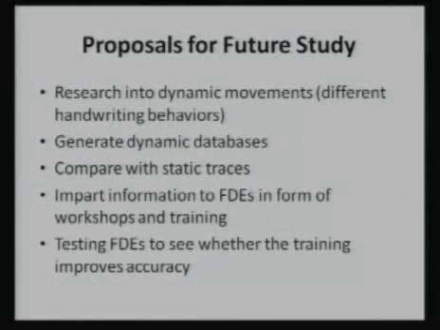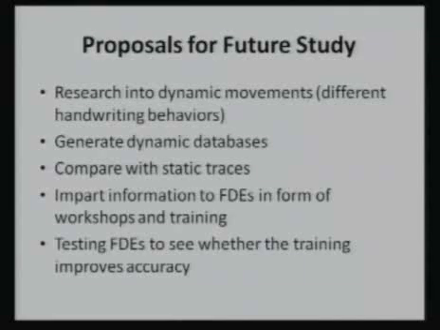Okay, so proposals for future study. Research into dynamic movements, different handwriting behaviors: genuine, forged, disguised, impairment, things like that. Generate dynamic bases, compare with static traces, and then impart the information to document examiners in the form of workshops and training, and test them to see whether the training improves accuracy.